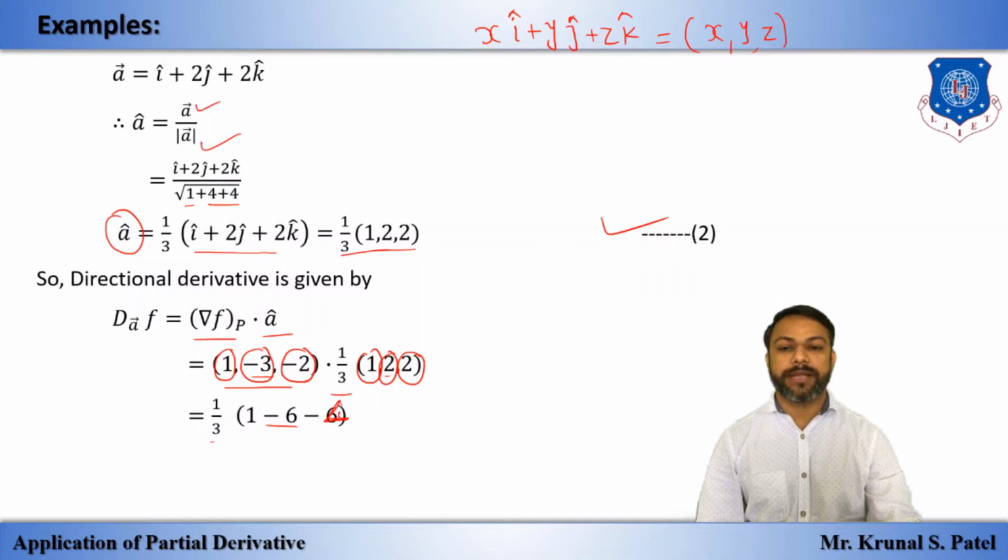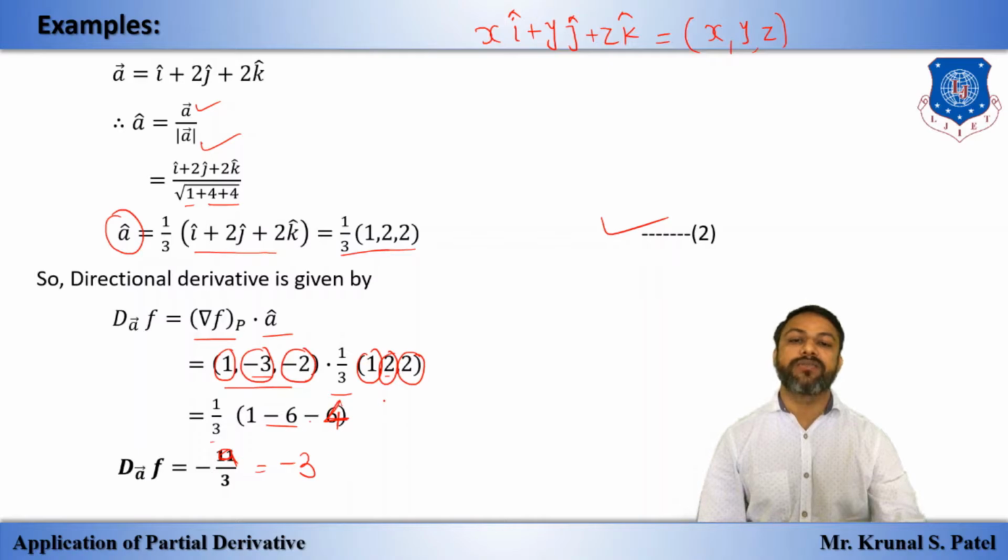By adding this, we have minus 10 plus 1, which is minus 9 by 3, and minus 9 by 3 gives minus 3. So this is our final answer.